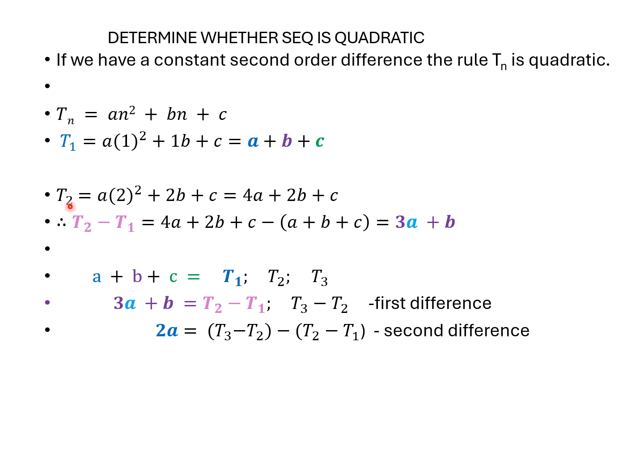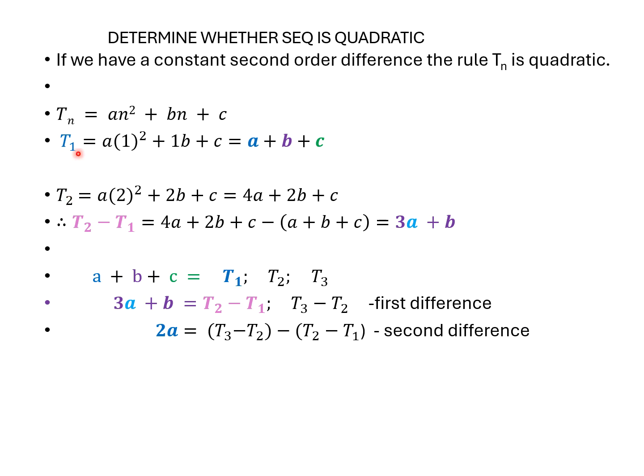So to get term 2, in the place of n, I place 2, so that becomes a times 2 squared, b times 2. 2 times 2 gives me 4, so that gives me 4a, 2b plus c. Right, so now there you see term 2 minus term 1, right from left. So 4a minus a gives me 3a, 2b minus b gives me b, and c minus c cancels.